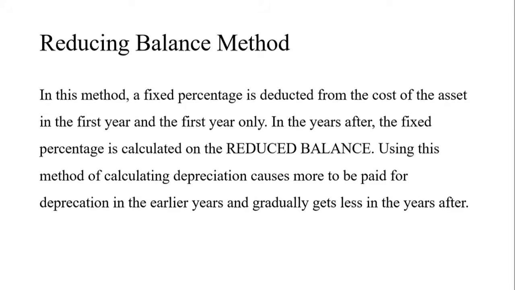The reduced balance. Very important point, guys. So using this method of calculating depreciation causes more to be paid for depreciation in the earlier years, and then it gradually gets less in the years after that.